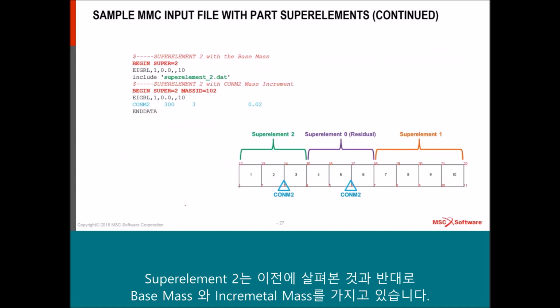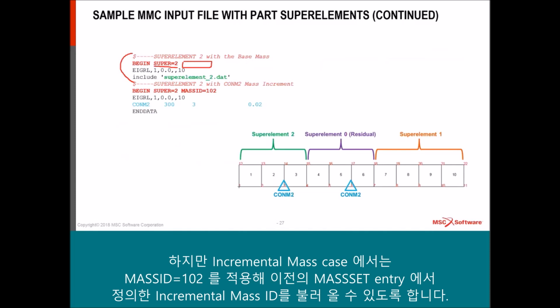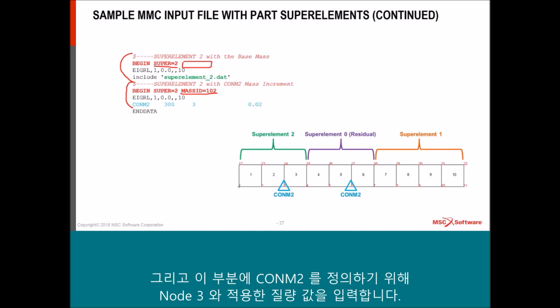Superelement 2 has a base mass and an incremental mass. Here's the base mass, where we do begin super 2 without anything. But when we do the incremental mass, we call out the 102, which we called out before in the mass set bulk data. And here, we're applying the CONM2 to node 3 with that mass.